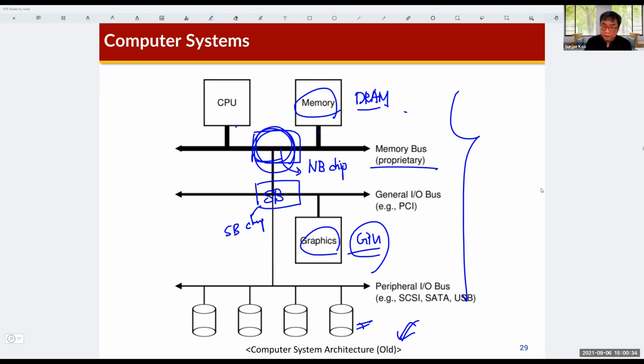The data movement between the CPU and the main memory was controlled by the north bridge chip. This is the old view of the computer systems.